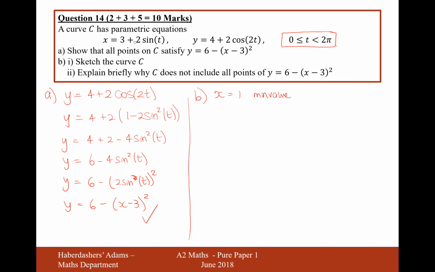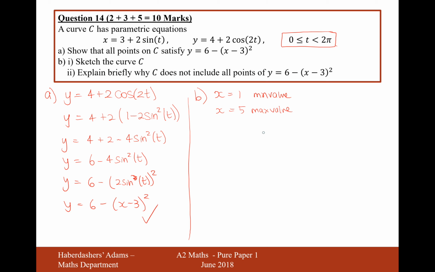So therefore 3 minus 2 is 1. So the minimum x coordinate is 1, and the maximum x coordinate will be at the same point at which sine is at its maximum, at 1. So it's 2 times 1 is 2, plus 3 gives us 5. This is the maximum value of x.